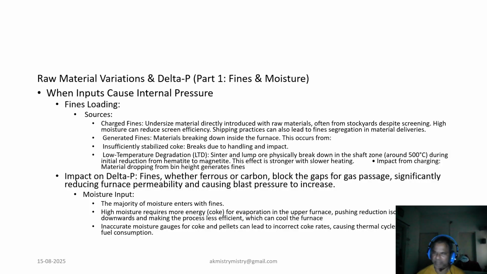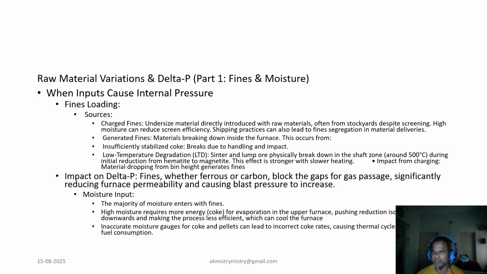First we are considering the fines. Fines are tiny particles that block the gas pathways, and they come from undersized material or breakages inside the furnace due to low temperature breakdown properties of the material. Moisture adds another challenge. It cools the furnace, number one, and consumes extra coke for evaporation.